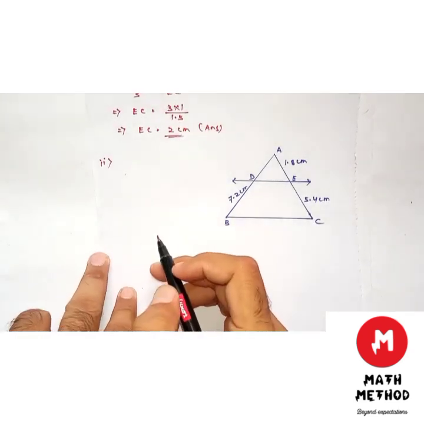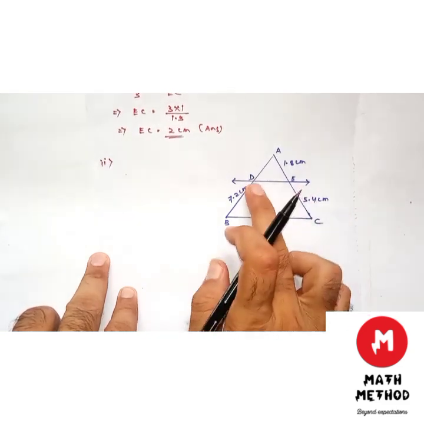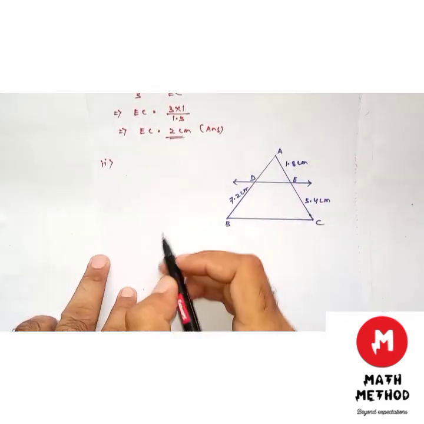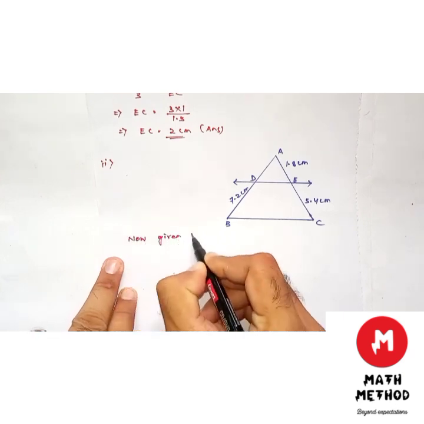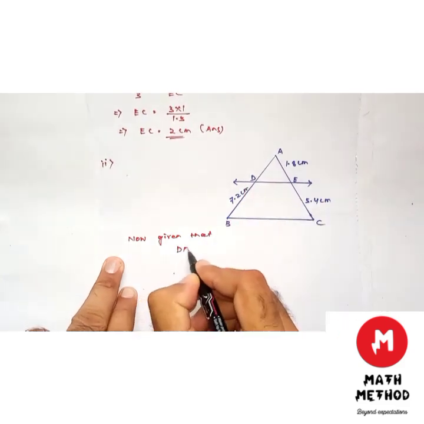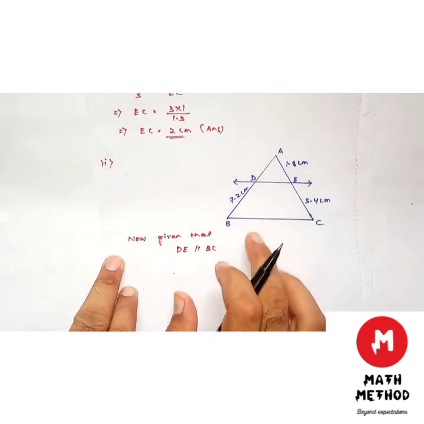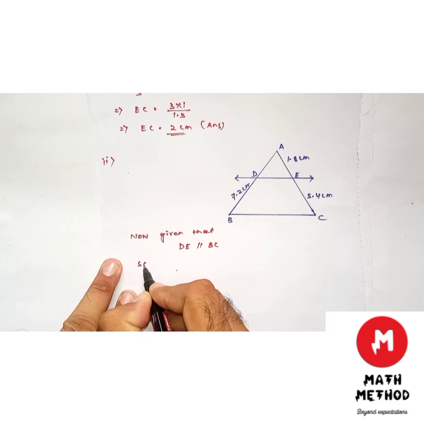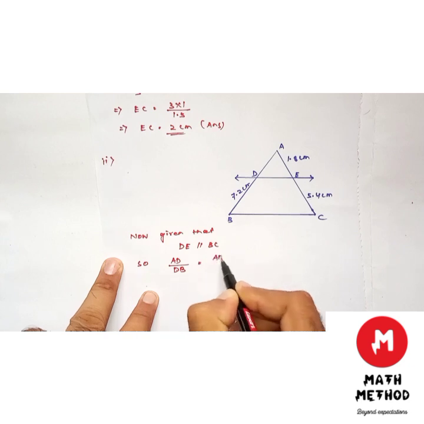Similarly in this second figure, DE is again given as parallel to BC. This is our given. So again AD by DB is equal to AE upon EC.